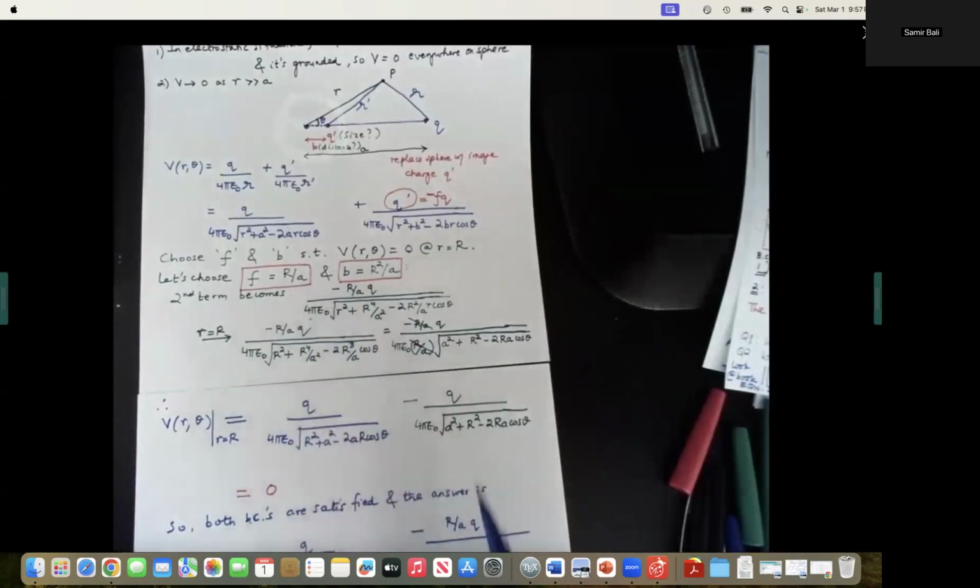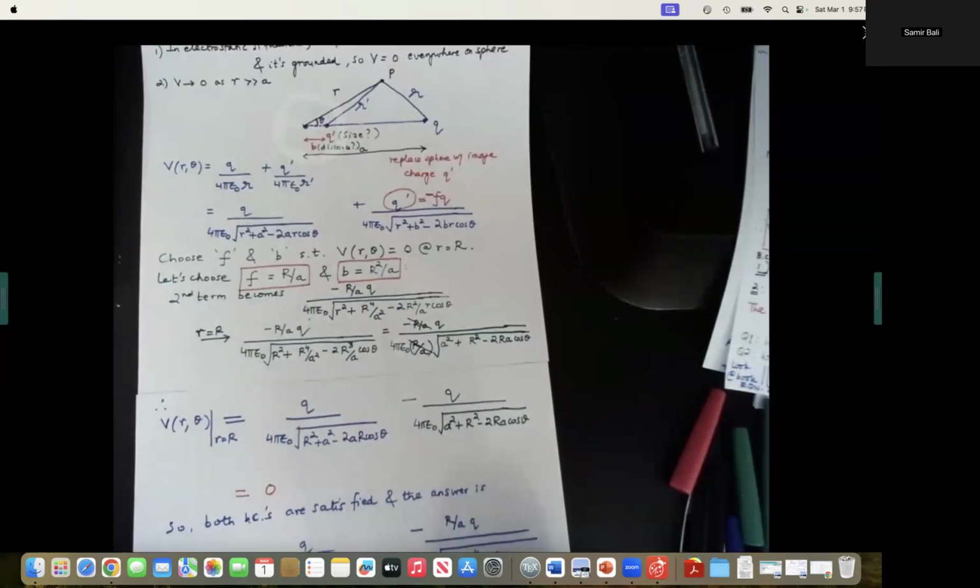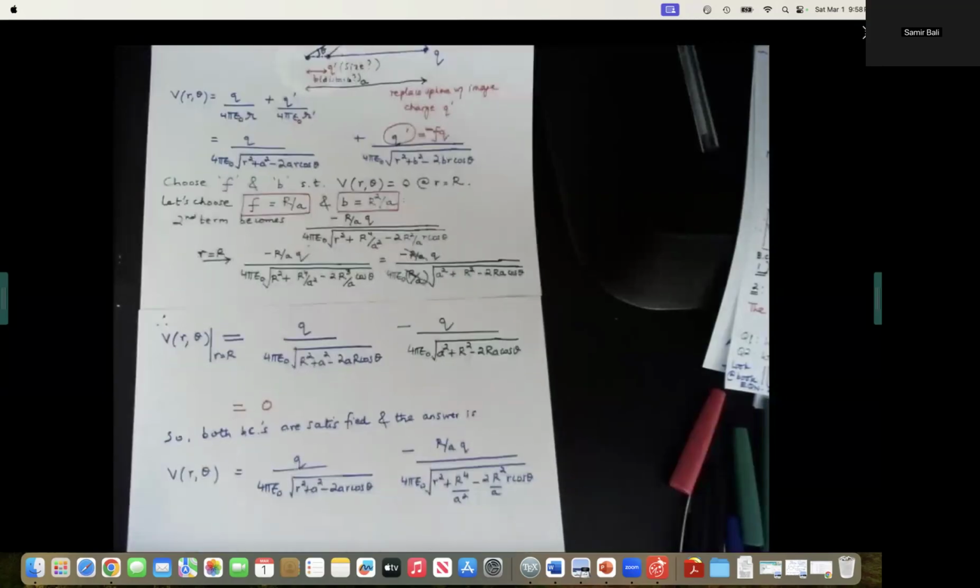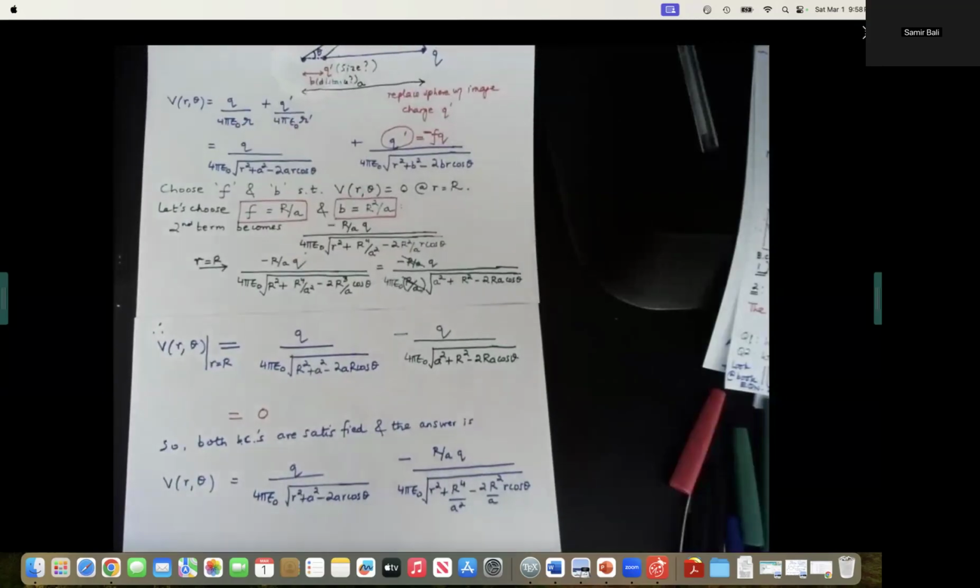There it is. 4 pi epsilon naught square root, it's right here, r squared plus R to the fourth divided by a squared minus 2 R squared over a times little r cosine theta. So that's your potential. Okay, and so that's your potential right there.